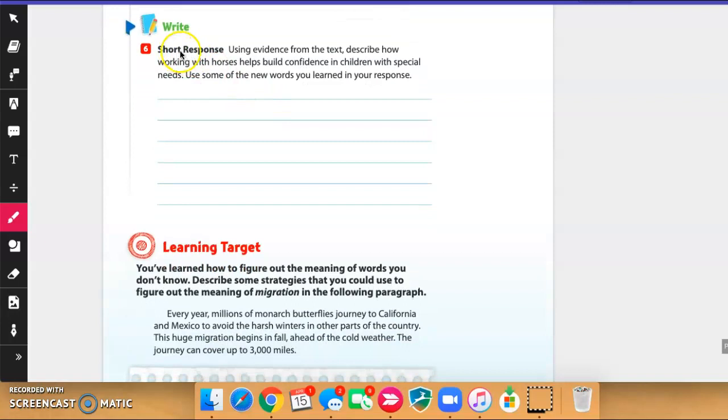Number 6, this is your short answer response. Use evidence from the text that you just read. Describe how working with horses helps build confidence in children with special needs. Use some of the new words you learned in your response. You will complete your answer here.